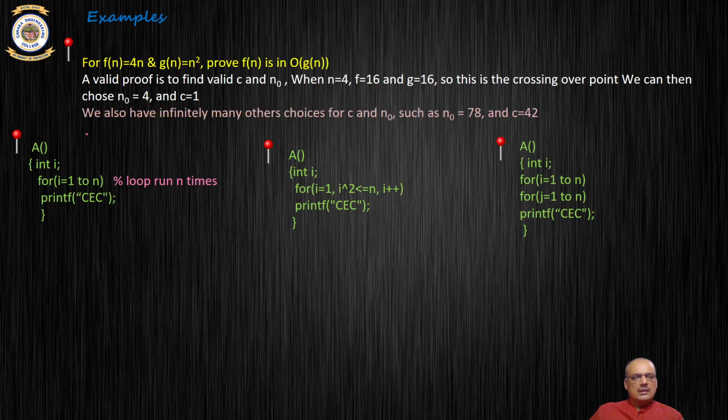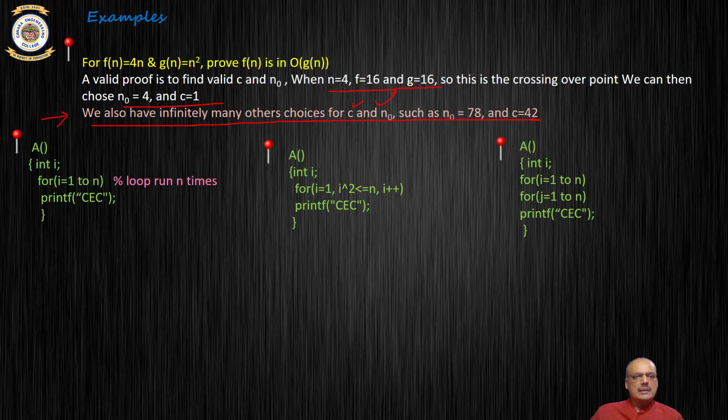Just a point to note before we go into this code: we can have infinite choices of c and n naught. It is not necessary that what is being given out here is the only one. We can have infinitely many different values of c and n naught so that this criteria of upper bound becomes possible.